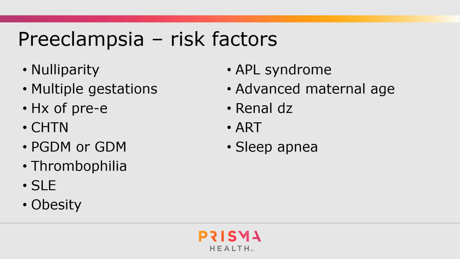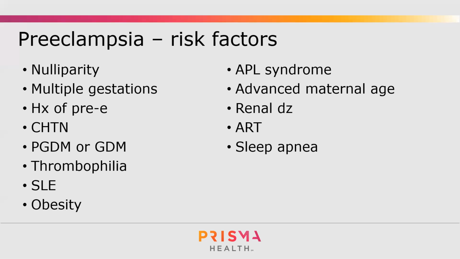Now, a few minutes ago, I said that the rate of preeclampsia is increasing, and specifically in the United States. And when you think about these risk factors, the rates of obesity are going up, and the rates of women who are having children at an older age are going up. The rates of IVF are going up because women are getting pregnant at an older age, and if they have IVF, they're more likely to have a multiple gestation.